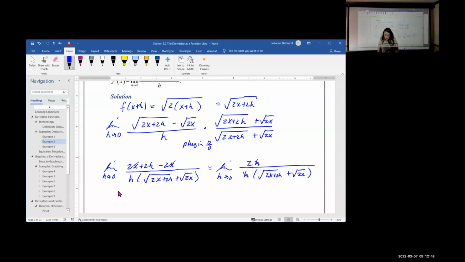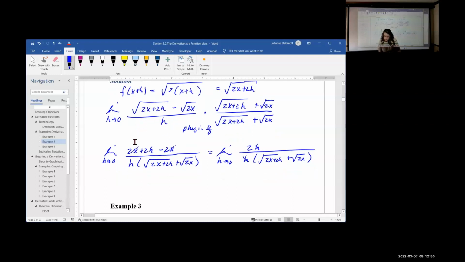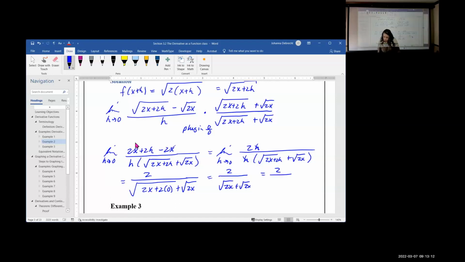And now when we plug in, we should not get 0 over 0. So when I plug in this time, I get 2 over the square root of 2x plus 2 times 0 plus the square root of 2x, which is equal to 2 over the square root of 2x plus the square root of 2x, which is 2 over 2 square roots of 2x.